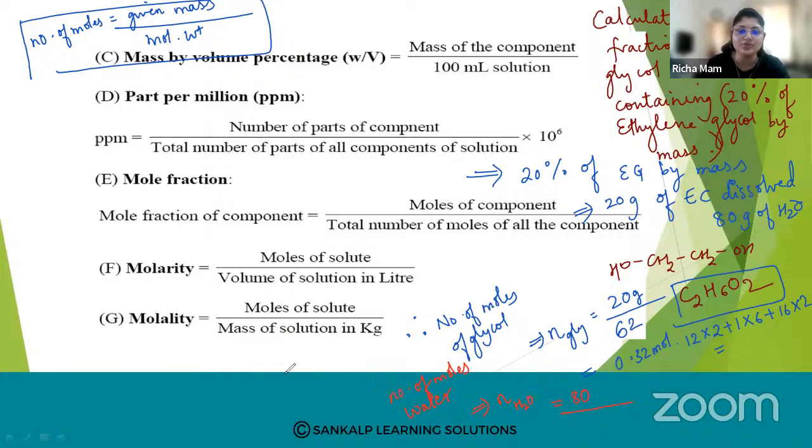H2O, so 2 into 1 plus 16, it is 18. This is gram and this is gram per mole, so gram and gram cancel. What will be the answer? Just check: what is the number of moles of water?